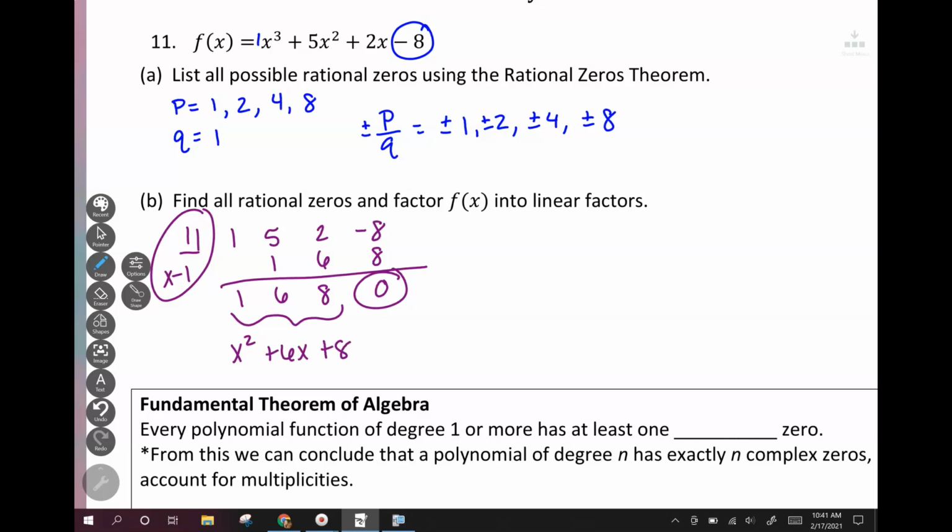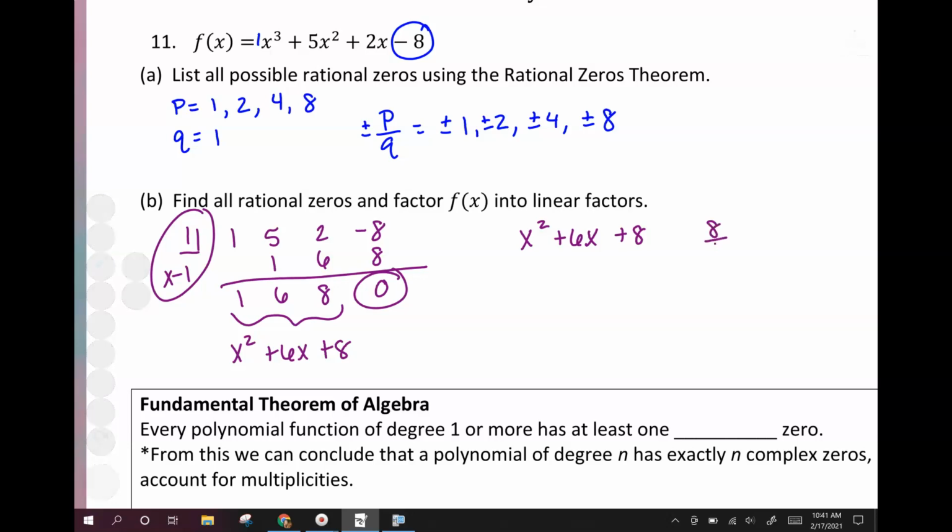And we can factor that. We know how to factor quadratics. If you couldn't factor it, you could always plug it into the quadratic formula once you get to a quadratic, or use any other method that you've learned this year. Okay, so two numbers that multiply to 8 and add to 6, 4 and 2, positive 4 and 2.